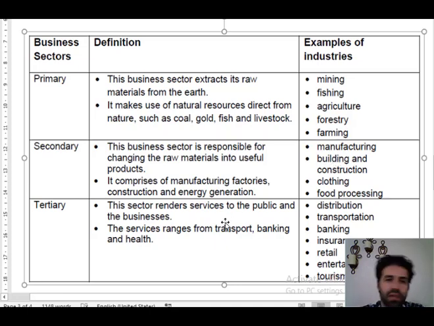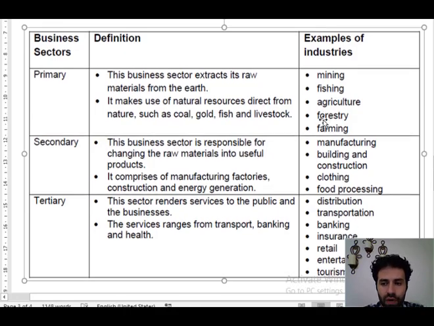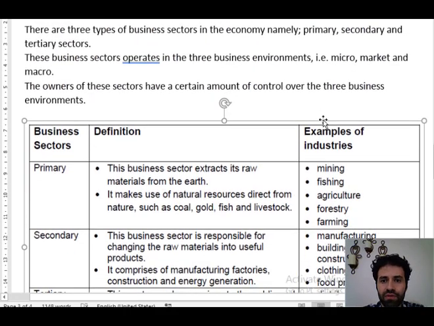And the tertiary sectors are the ones that give services to the people, like the schools, banks, insurance companies, entertainment companies, tourist companies. And by the way, for the first group, I want to name some examples like fishing, mining, forestry, farming, and these are examples for the primary group. So remember, these are the business sectors.